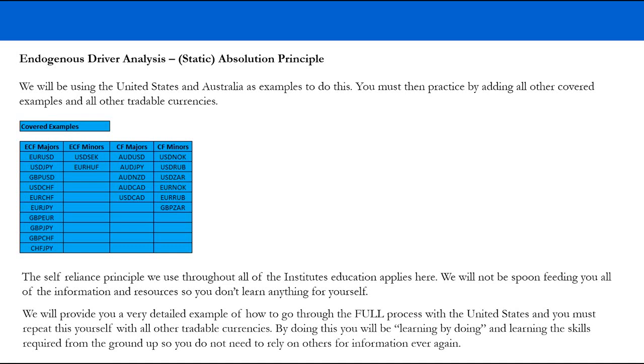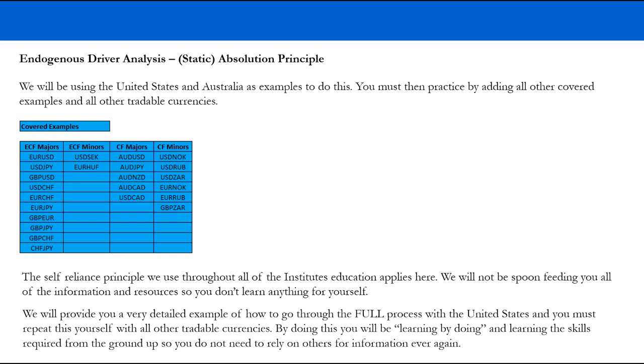So in terms of the US and Australia, it will be a very, very detailed example of how to go through the full process. So going through the United States initially, and also going through Australia. And then what you've got to do is apply this to other countries and currencies within the tradable set.